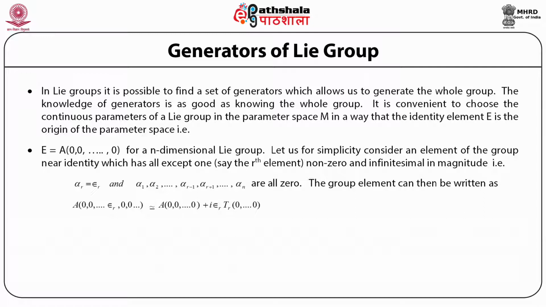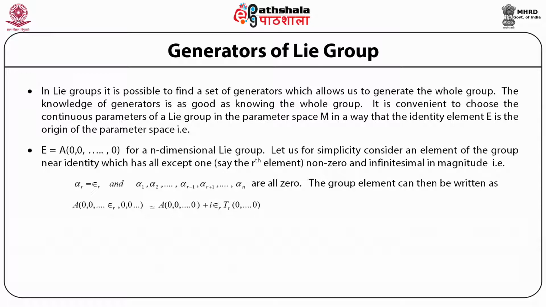For example, it's something like the Taylor expansion: if you have a function of one variable, then the value of the function at the point x plus h, where h is infinitesimally small, is given by the value of the function at x plus h times the derivative of the function with respect to x evaluated at the point x, where all the other terms are 0.